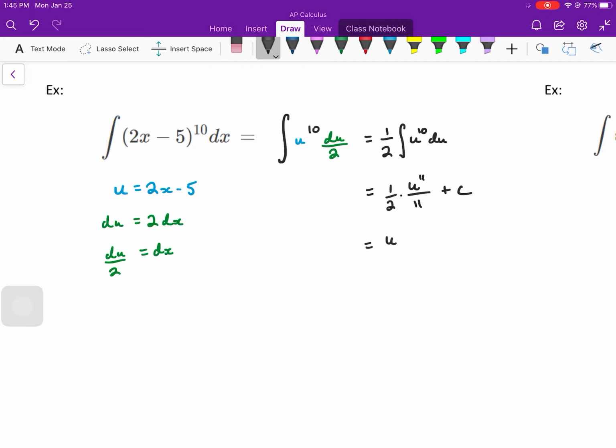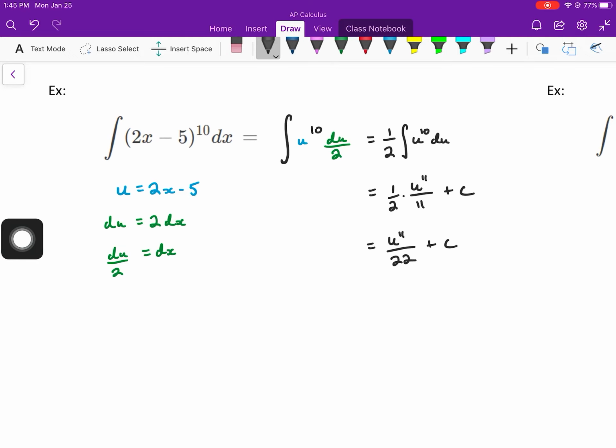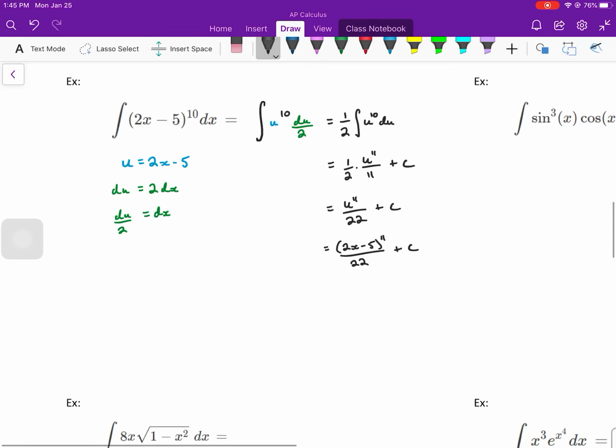So that's going to be u to the 11 over 22 plus c. And u is 2x minus 5. So I just substituted that back in.